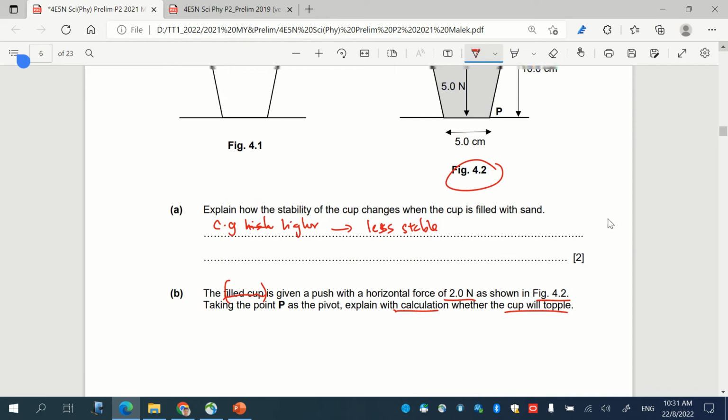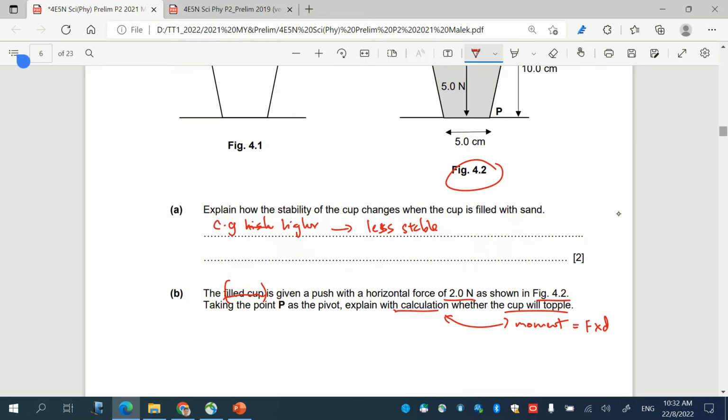If you recall moment, this has got something to do with moment. Whenever it talks about stability or toppling, the calculation has got to do with moment. Recall that the calculation is force times distance, the formula.